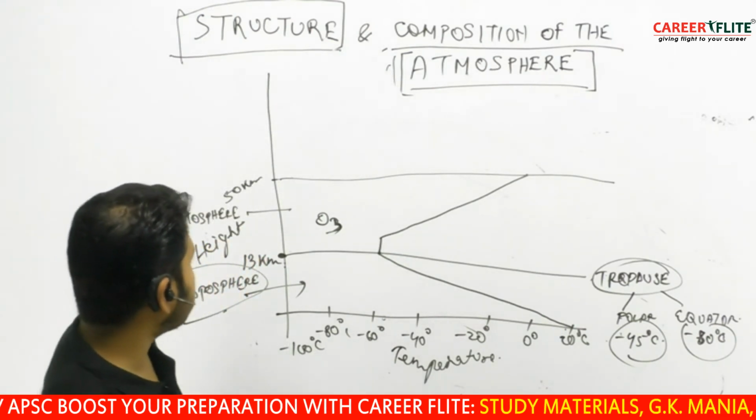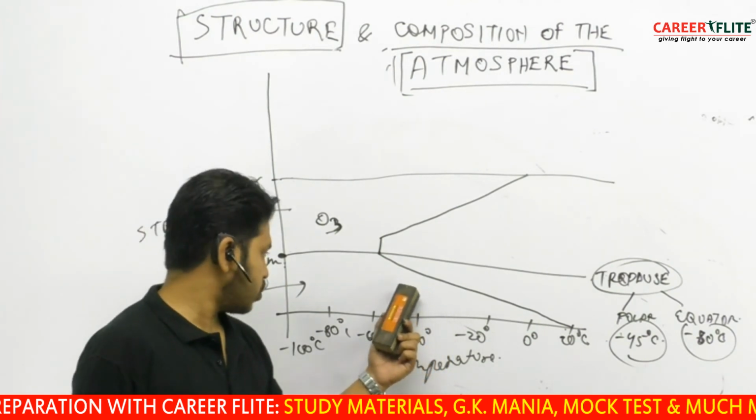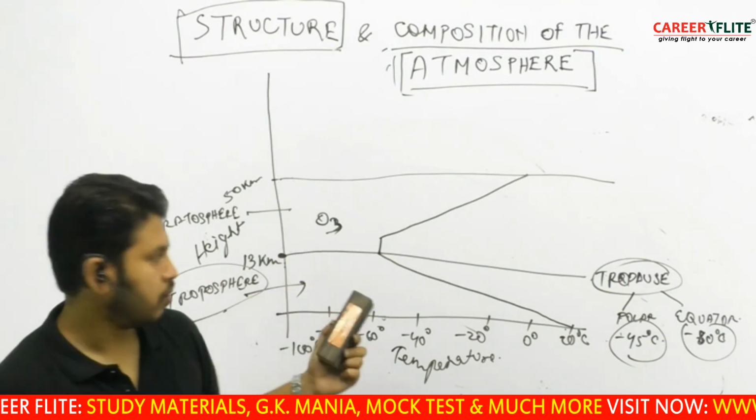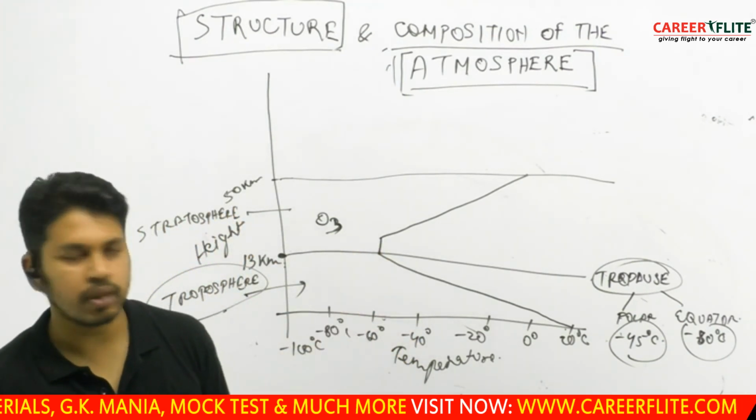Geographers are mostly concerned with these two layers, the troposphere and the stratosphere. Why?